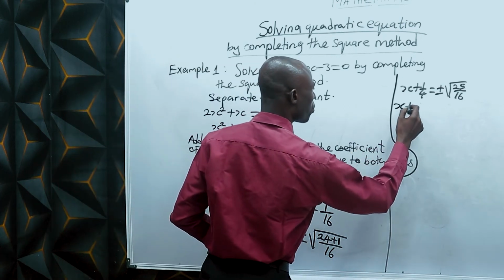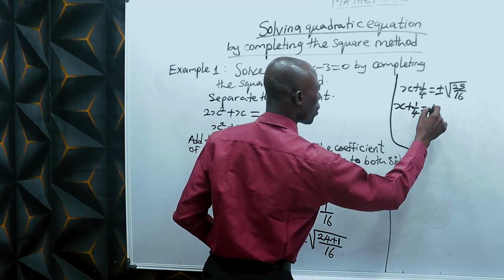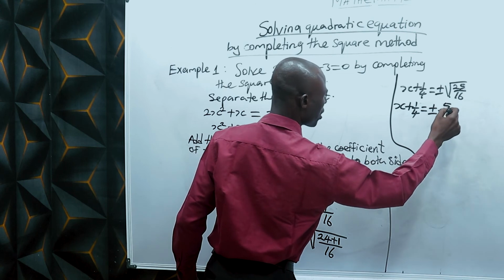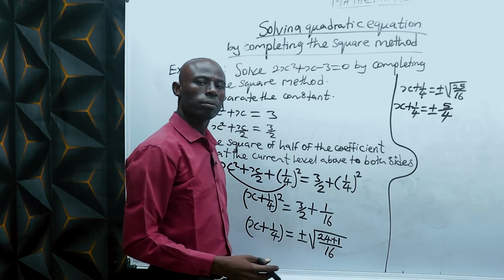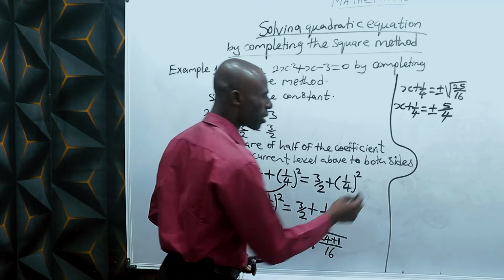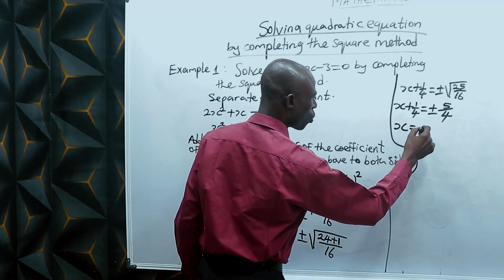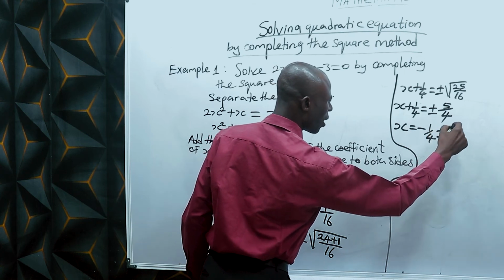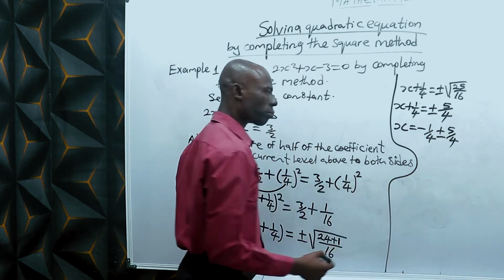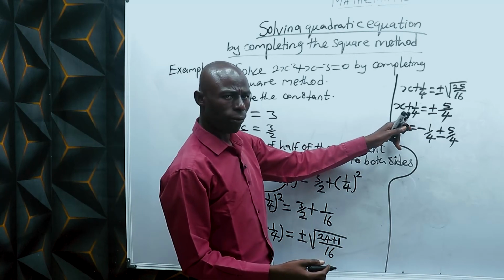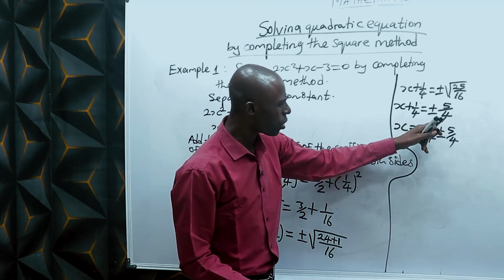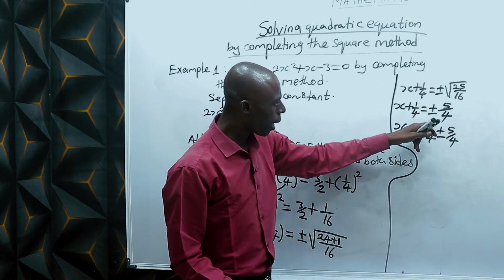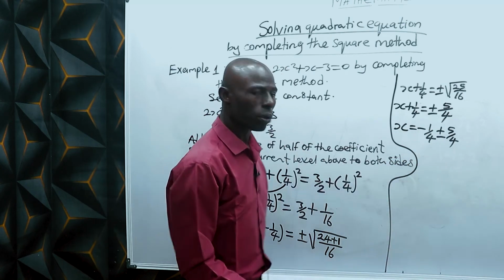So we have x plus 1 over 4 is equal to plus or minus, square root of 25 is 5, square root of 16 is 4. So, collecting the like terms, we have x is equal to minus 1 over 4 plus or minus 5 over 4. This positive 1 over 4, on getting to the other side of the equation, becomes negative 1 over 4, meeting plus or minus 5 over 4.